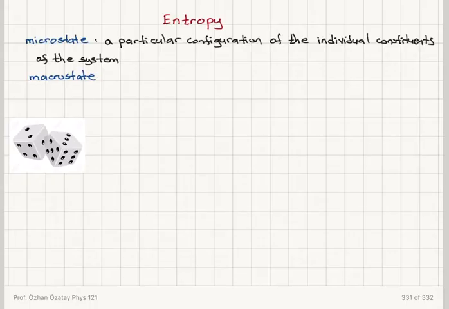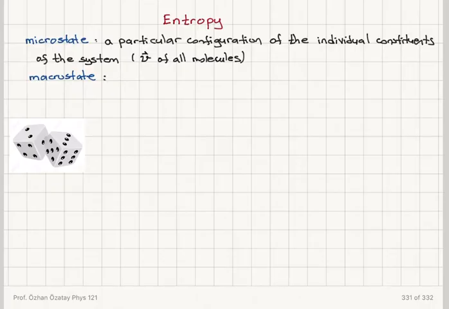For example, if I talk about a gas inside a container, if I specify for you at a certain point in time the velocity vector of all molecules in that gas, I would be talking about a microstate of that system.